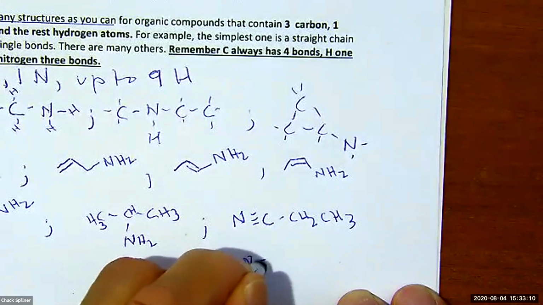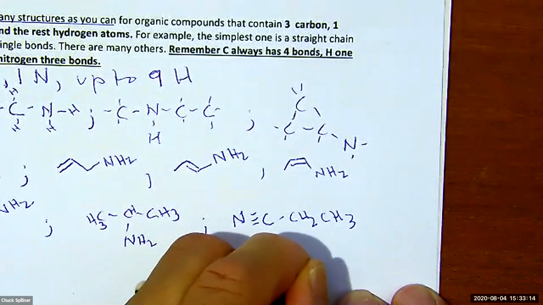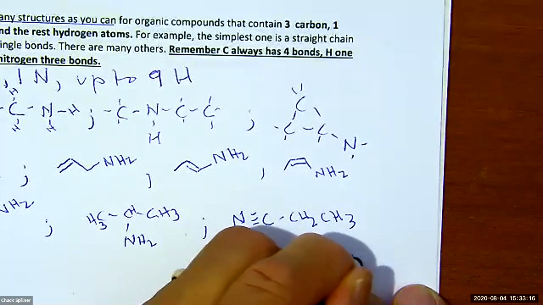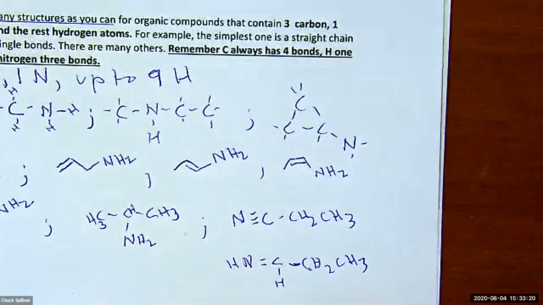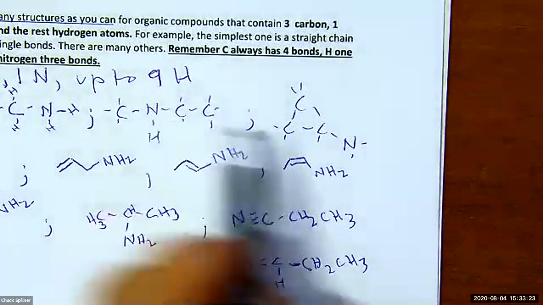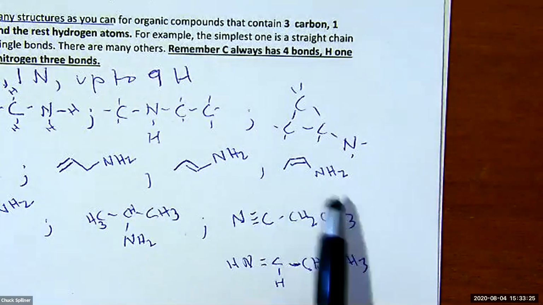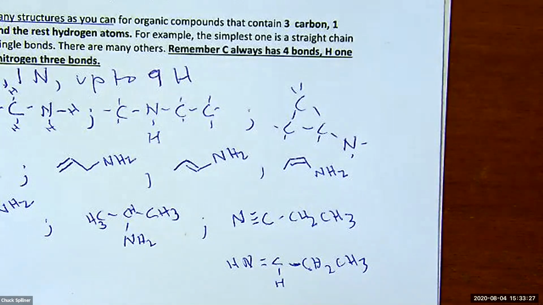I'll do an NH double bond C, and then there's an H and CH2, CH3, and it can go on and on and on. And I've just drawn 1, 2, 3, 4, 5, 6, 7, 8, 9, 10, 11 molecules, and that's probably only just touching the surface when it's that open-ended an assignment.